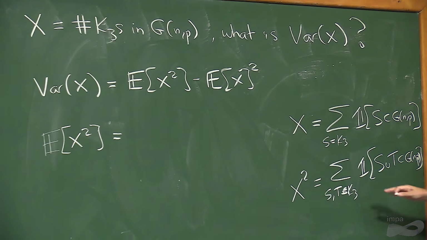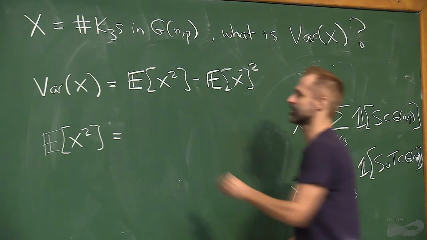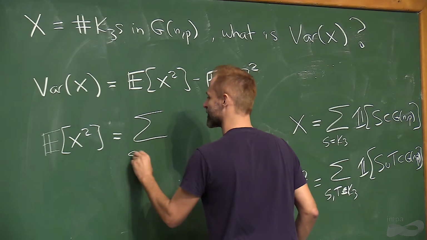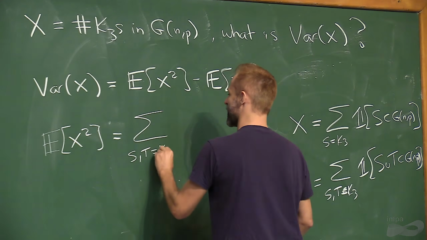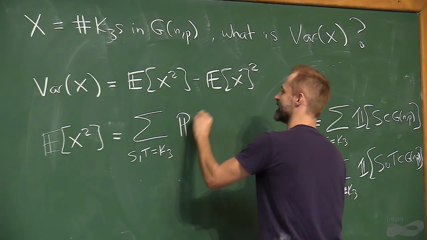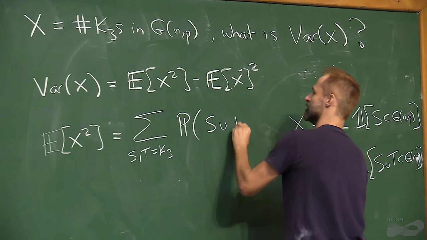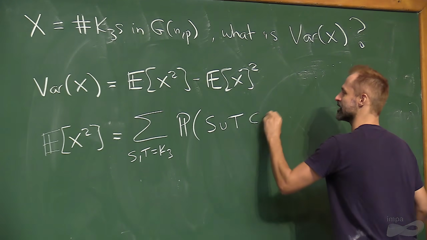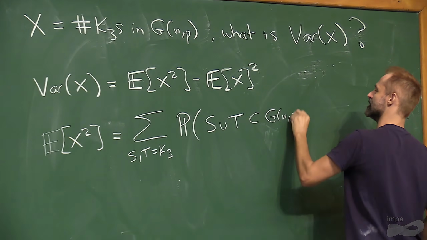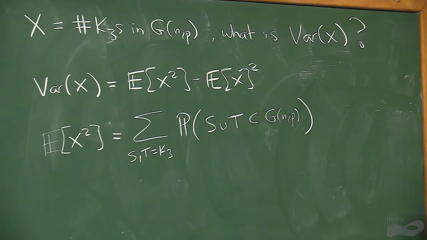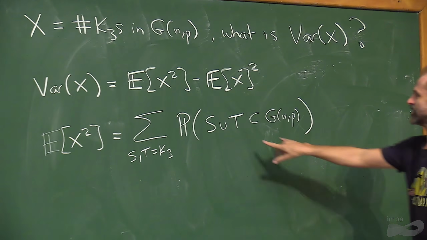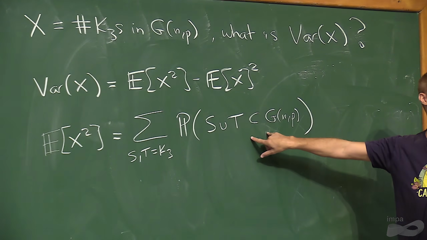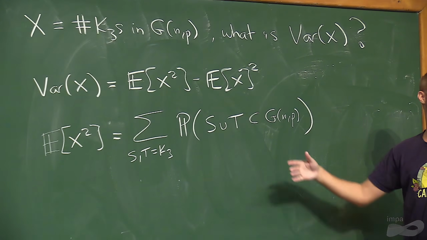So the expectation is just the sum of the probability of this. It's the sum over s and t are both triangles of the probability that s and t are both contained in GMP. Okay, now what is this? Well, it depends.